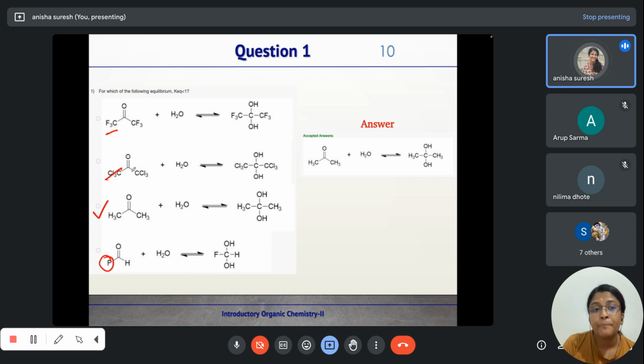So in all these cases, the carbonyl carbon will be electron deficient and more prone to reaction with water, resulting in the formation of the hydrate. But in this case, CH3 is electron donating by inductive effect, so the carbonyl carbon will be less electrophilic. So hydration will be less feasible. Is this clear?